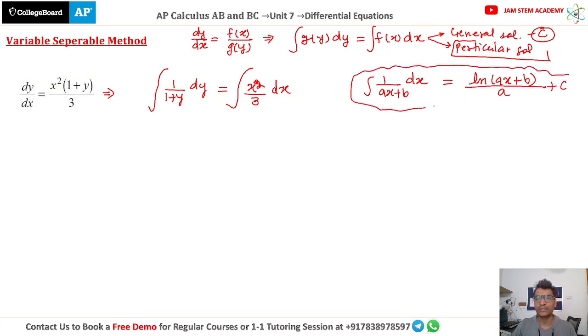So I'm going to use this result. Okay, so the coefficient of y is 1 here. So I will get natural log of (1 plus y), that's the integral of the left-hand side.